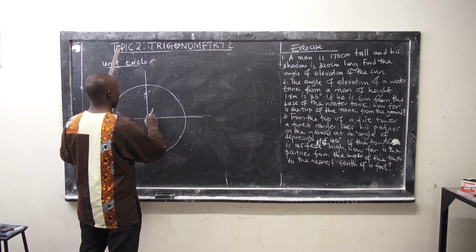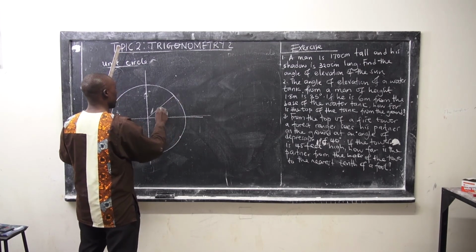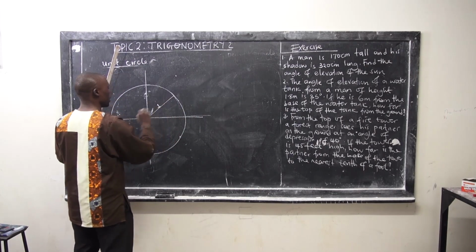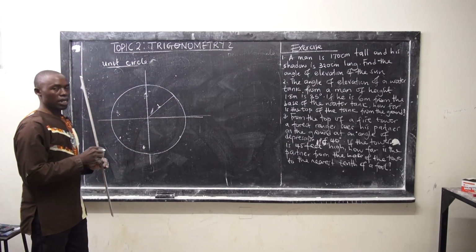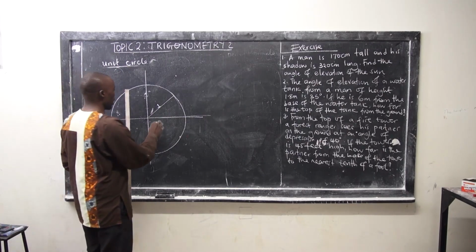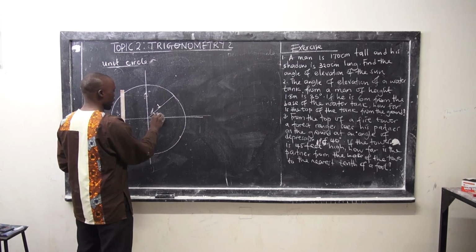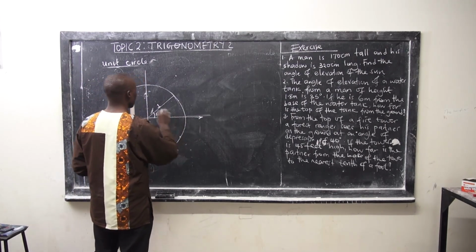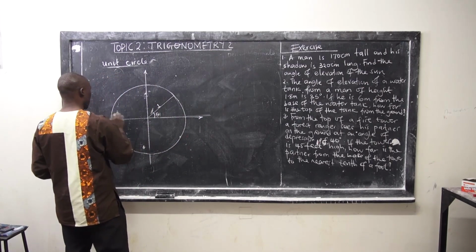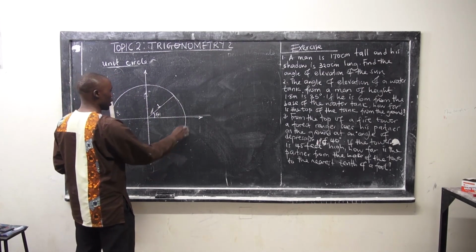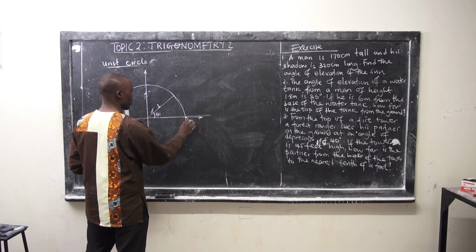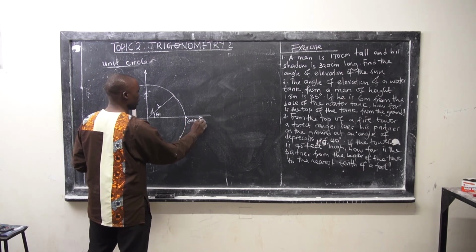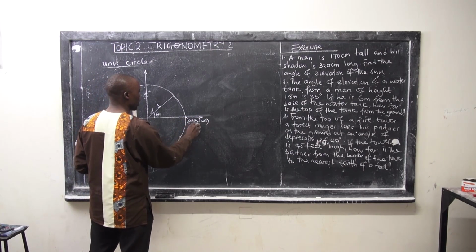If you create any line there, this would be 1 unit because the radius is 1, and this is our key angle, or the reference angle. Then these are axes x and y respectively, keeping in mind that every coordinate is cos theta and sin theta, x and y.